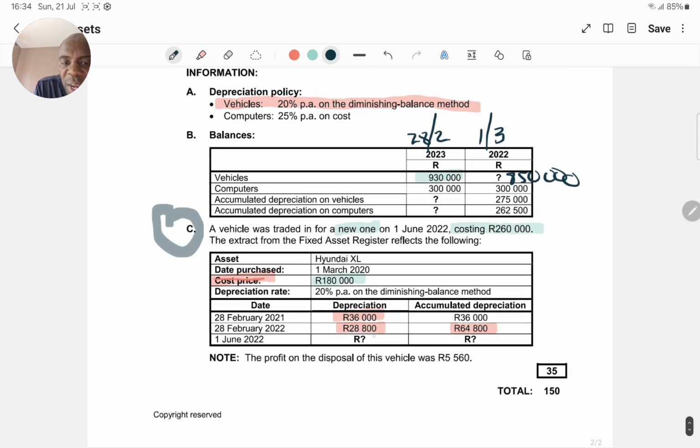This is where it belongs, 5,760. So all in all, from the day that the asset was bought up to the day that the asset was sold, how much value did it lose?